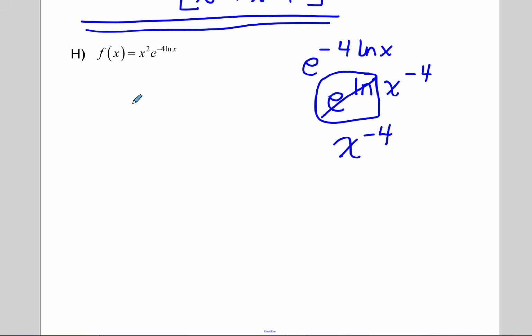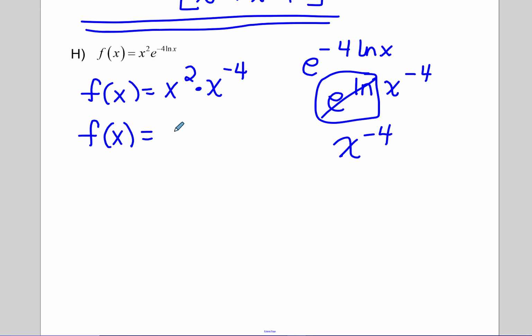So we're thinking about this function, f of x, as x squared times x to the negative 4. Well, if we use the exponent laws, that's just x to the negative 2, because when you multiply two powers with a common base, you add the powers.